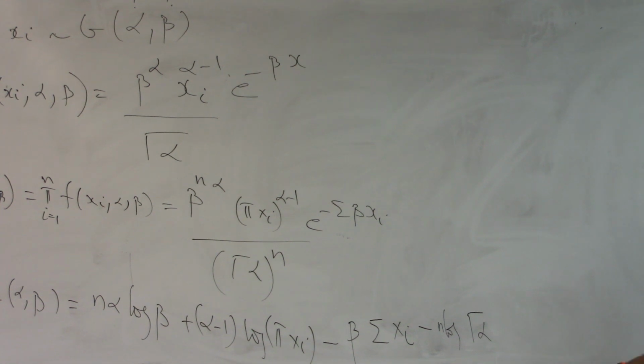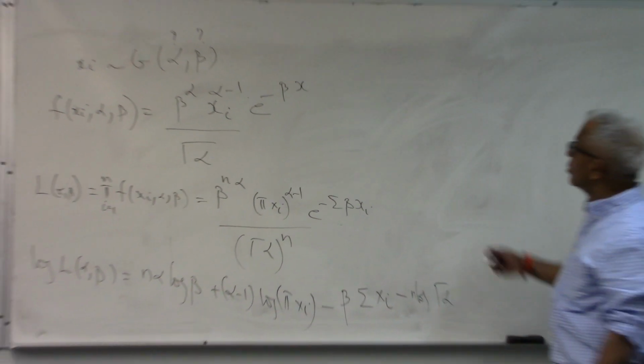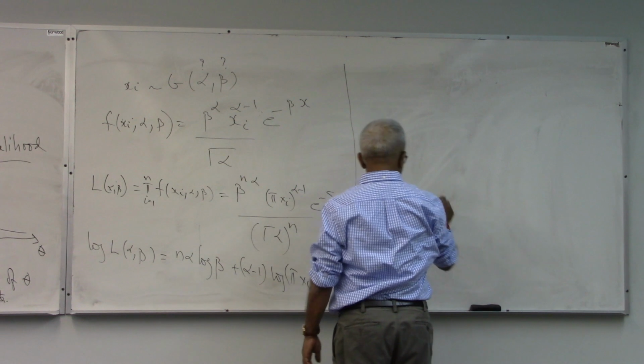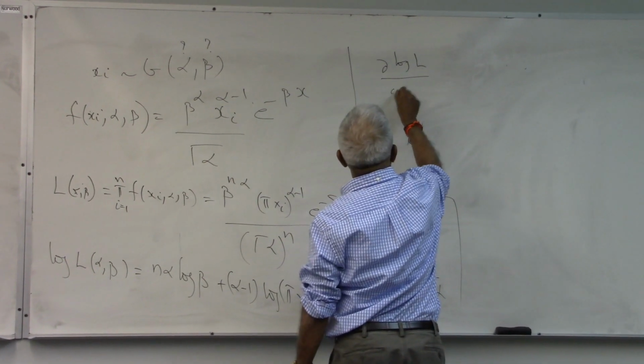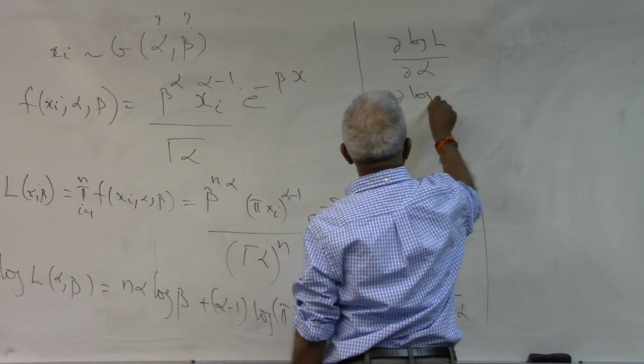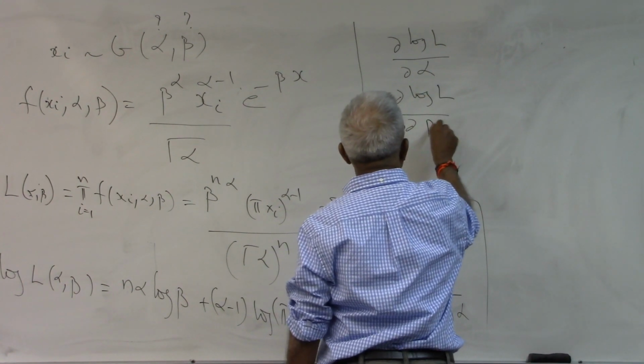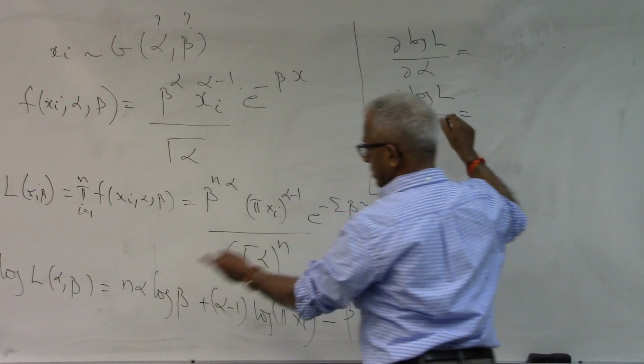Now, look how complicated this comes. Both alpha and beta are unknown. So I'm going to take the derivative of L with respect to alpha, and I'm also going to take the derivative of L with respect to beta and solve the two equations simultaneously.